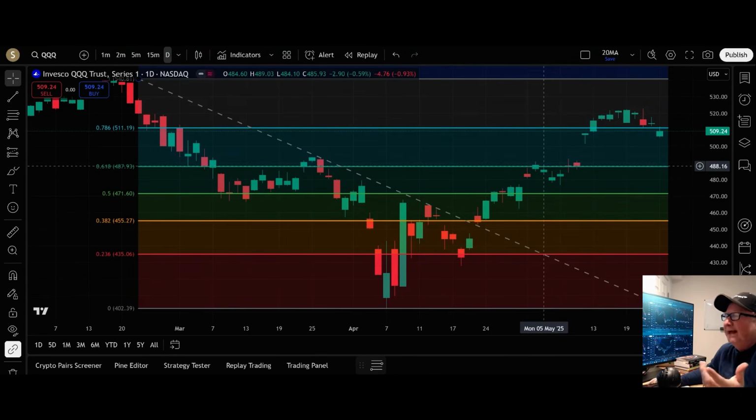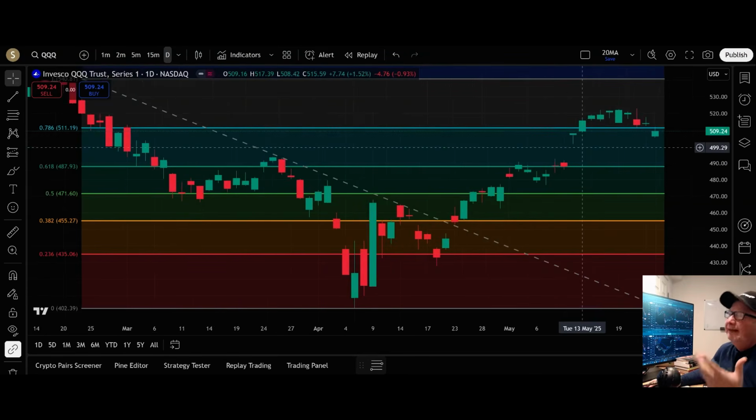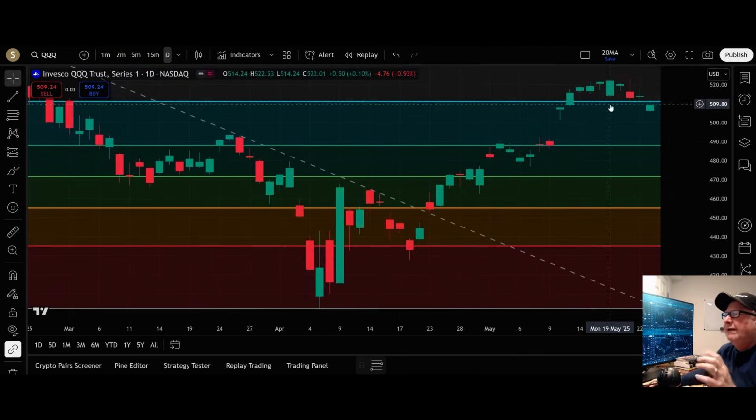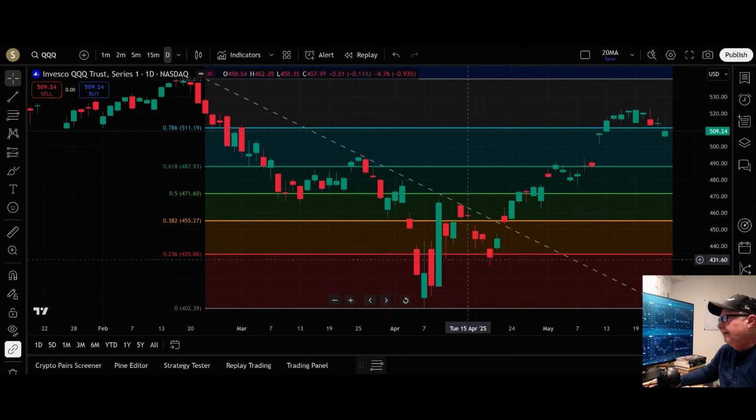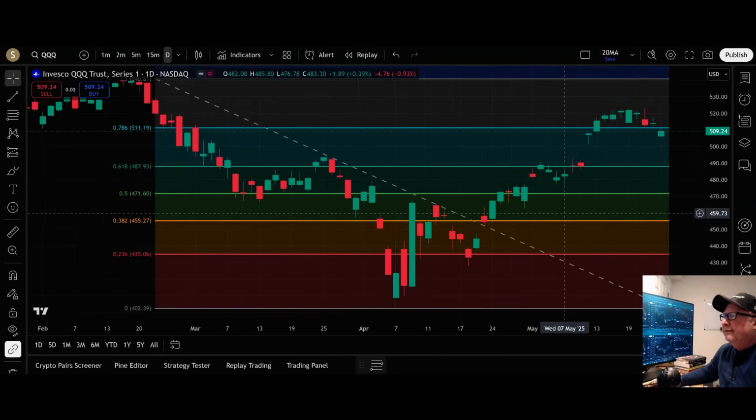I'd rather have 2 or 3 or 4 indicators telling me the same thing as opposed to just one indicator. And the Fibonacci lines are helpful to add into the mix. That's how I trade them. And it's nice to have them on this daily chart. They've been extremely helpful for the past 6 weeks as I do intraday trading.